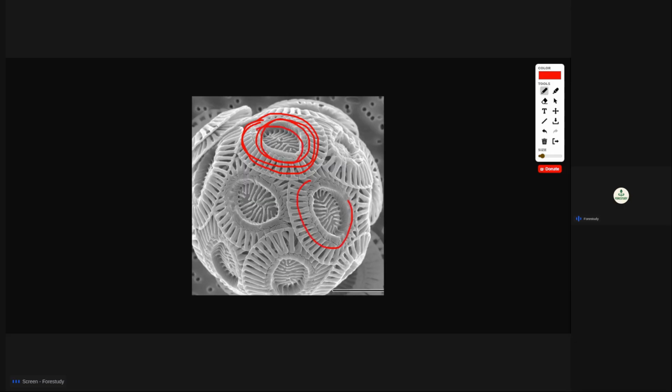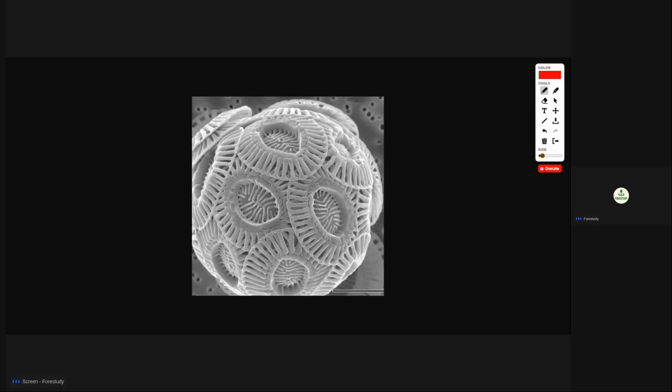This is a separate disc, right? You do not have to understand the morphology of coccolithophore because that is not the main thing. The applications of coccolithophores are very important.